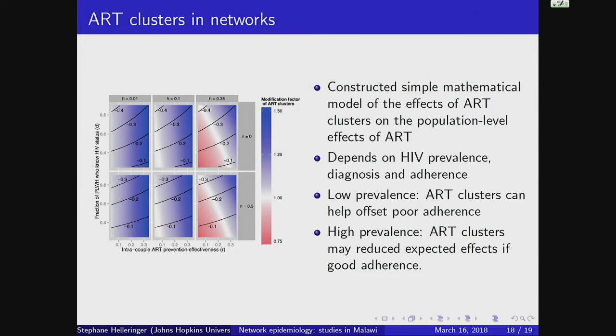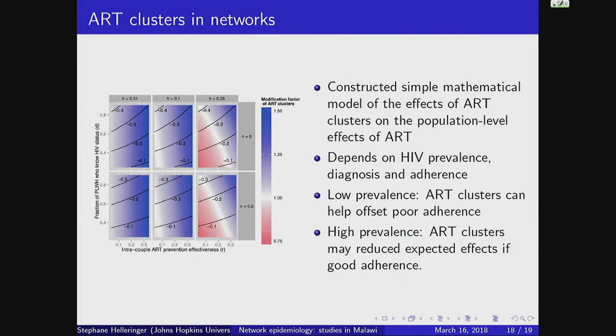And in places with low prevalence, the emergence of ART clusters, so ART patients mixing with each other, can help offset, for example, poor adherence to treatment, because those who remain infective are in separate clusters and they cannot expose others to the risk of HIV infection.